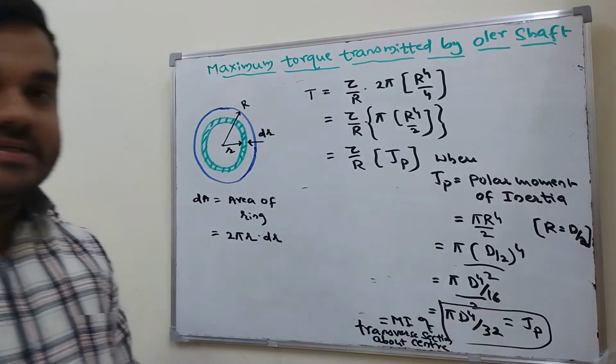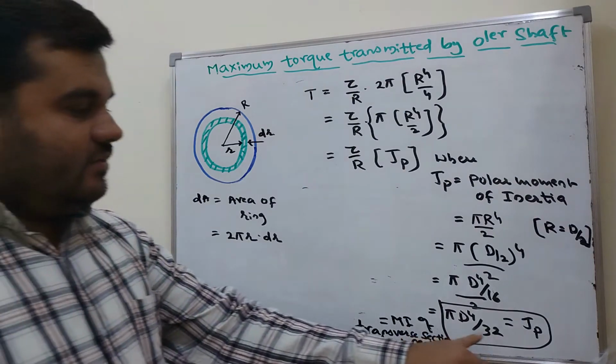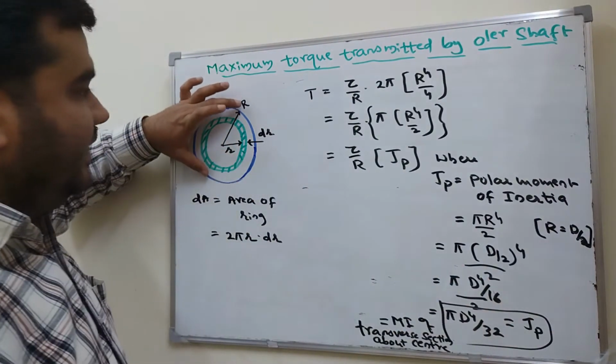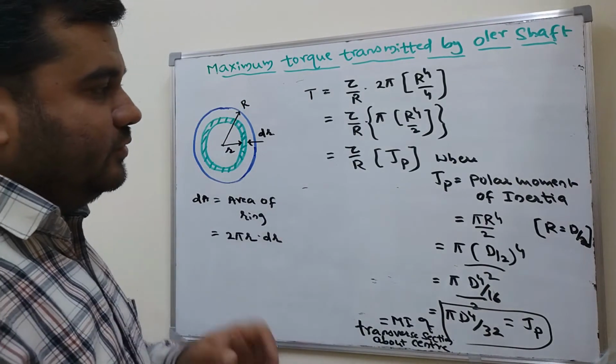So whenever we get the J, it is pi d raised to 4 divided by 32. We need to substitute.